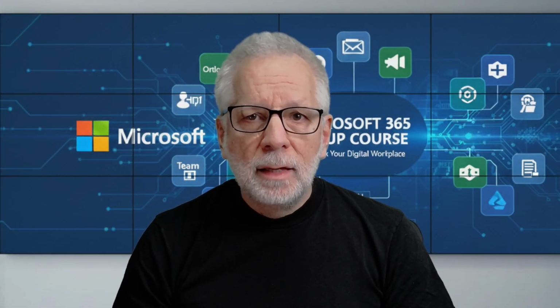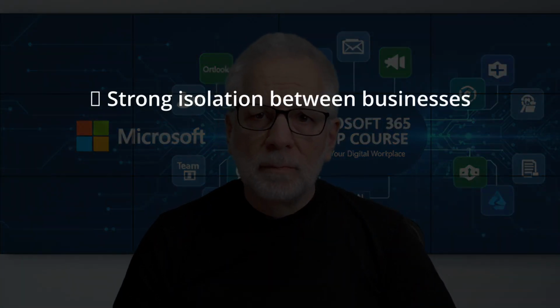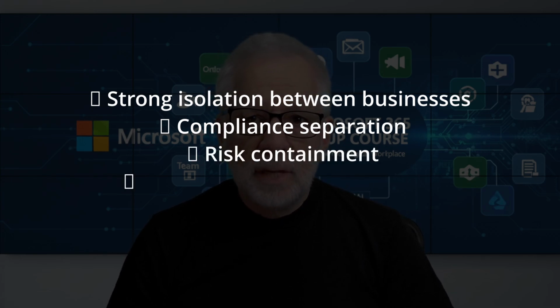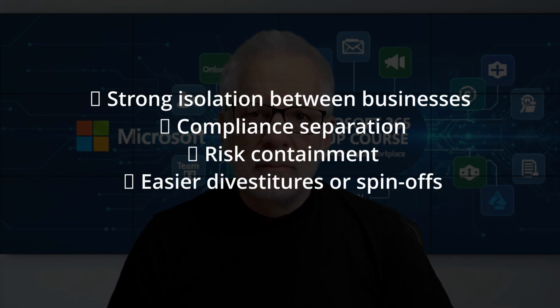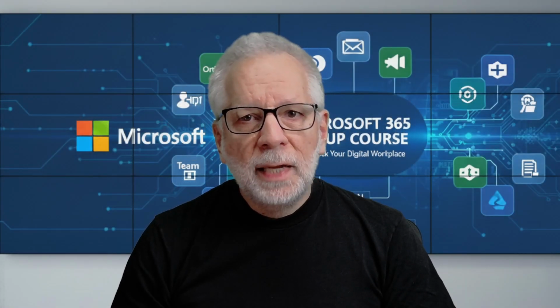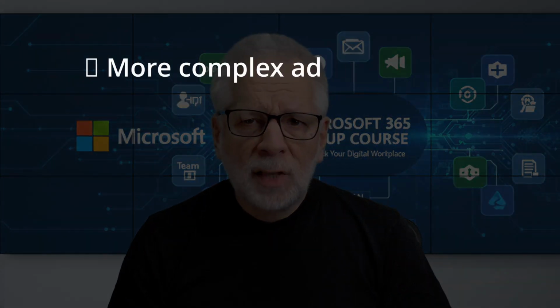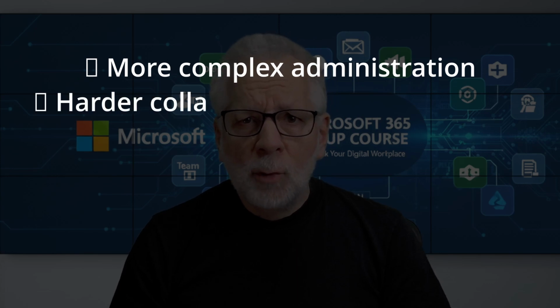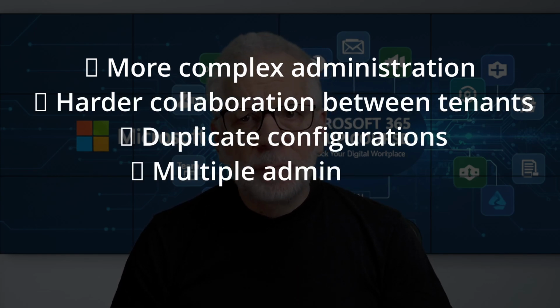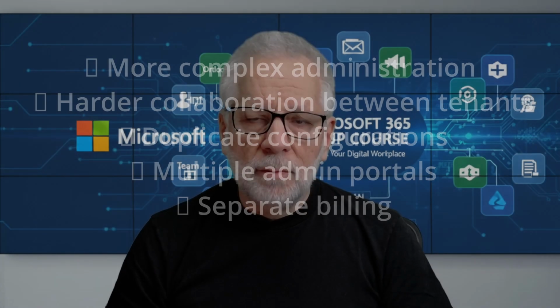On the other hand, multi-tenant pros are strong isolation between businesses, compliance separation, risk containment, easier divestiture or spin-off, and no migration needed when separating a business. Multi-tenant cons are more complex administration, harder collaboration between tenants, duplicate configurations, multiple admin portals, and separate billing.